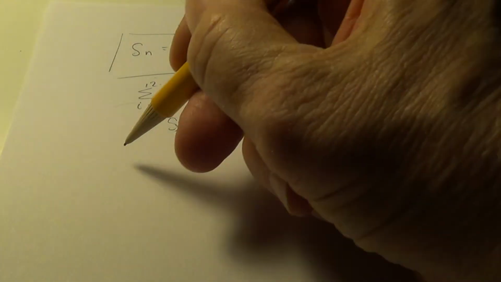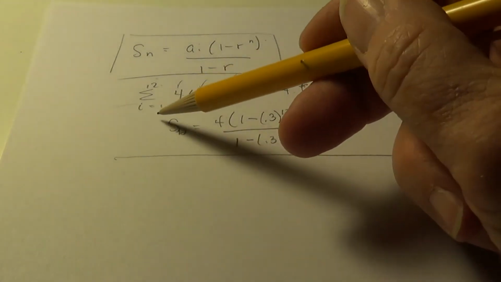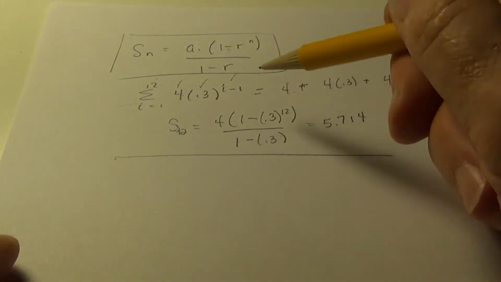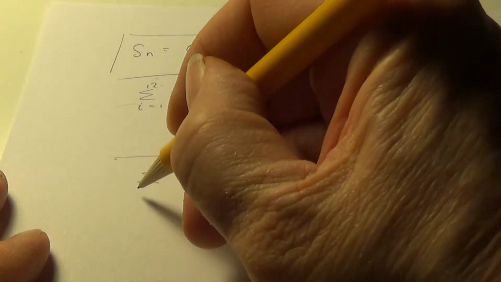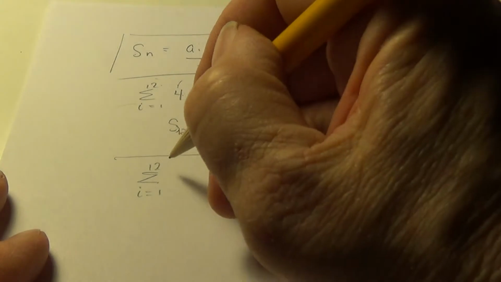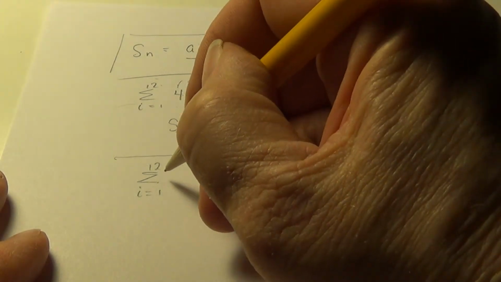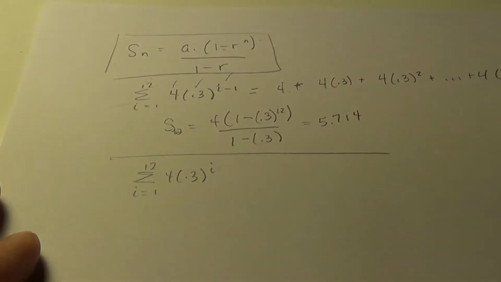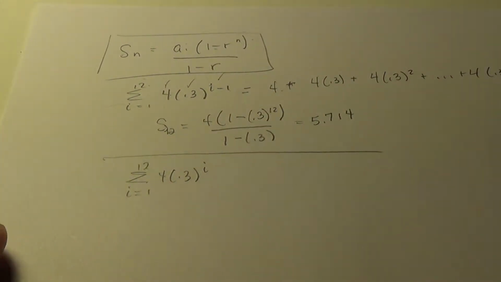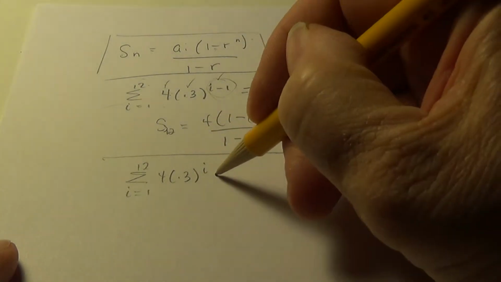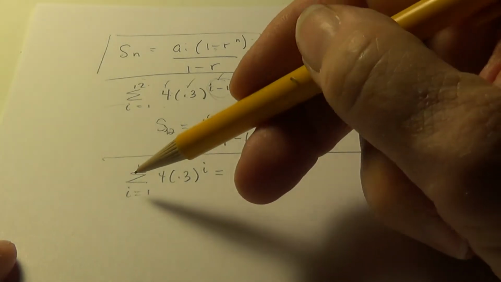Just a word of caution. I'll show you another problem that's very close to this, but we can't use this formula without some adjustment. So say we have something similar: i equals 1 to 12 of 4 times 0.3 to the i. It looks really close, but you can see right away this is a little different. So let's generate a couple of terms.